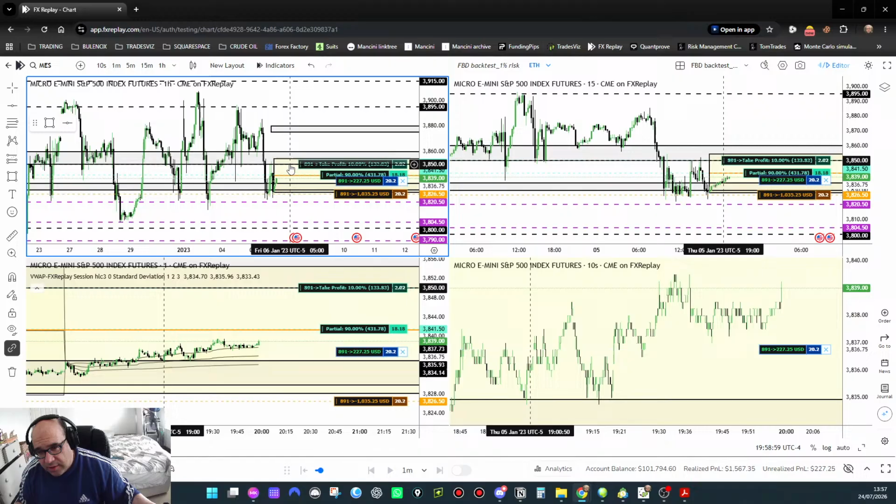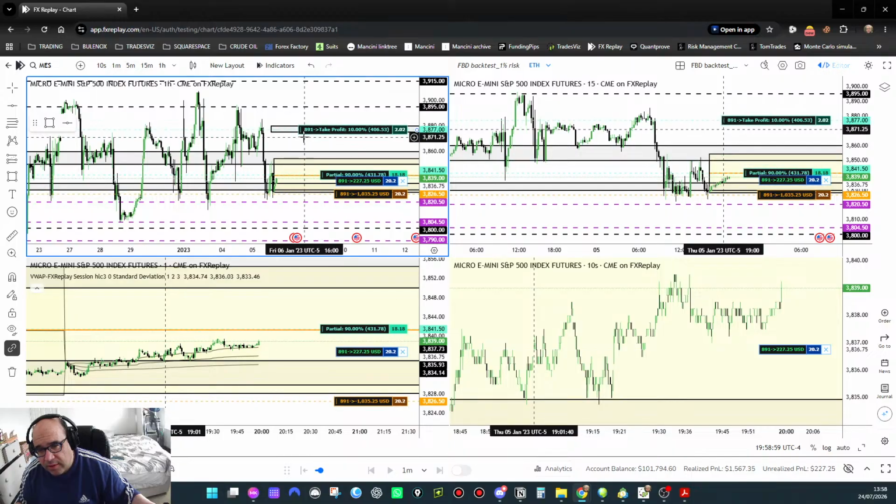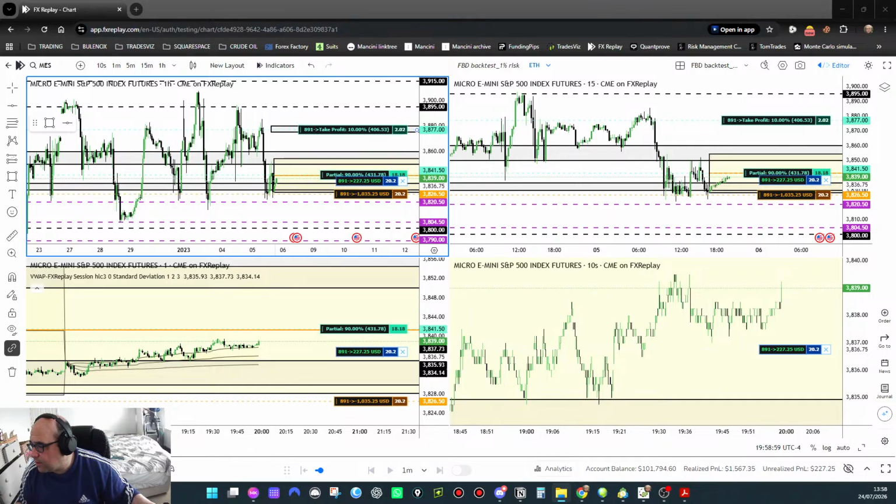So that's why I'm taking it, aiming at these highs, and then swing at the. Actually, that was a wrong placement for the runner. Just gonna place the runner right here at the previous highs. Okay, now it's okay.